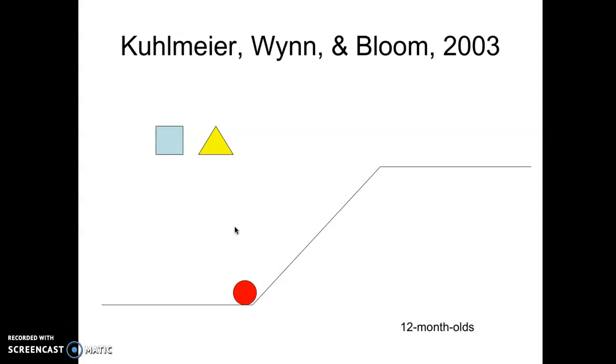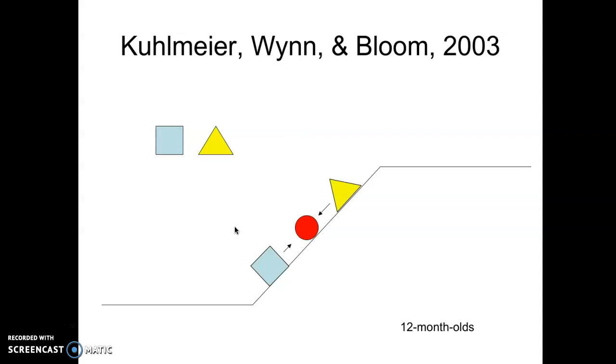Here was the setup. You see a hill and a little protagonist, like this little red ball here, and the protagonist is helped by one character and hindered by another character. Every time he attempts to go up the hill, infants would see either the helper helping him up the hill or the hinderer pushing him back down the hill.